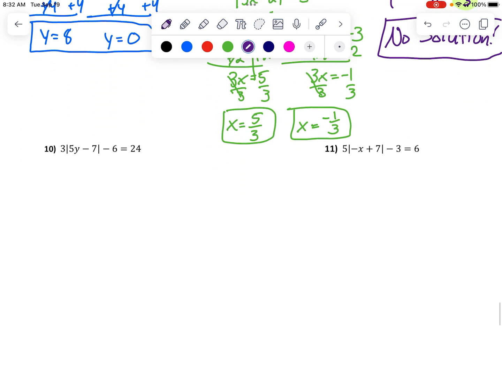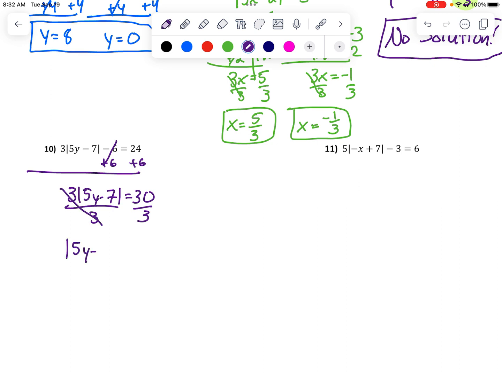All right, only 2 more. So we want to get absolute value alone, so we can add 6 to both sides. Divide by the 3 to get rid of it. All right, so this one equals a positive, so we're good to go. So we can split it up.